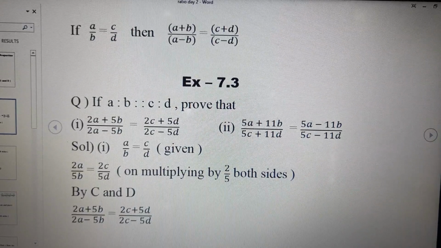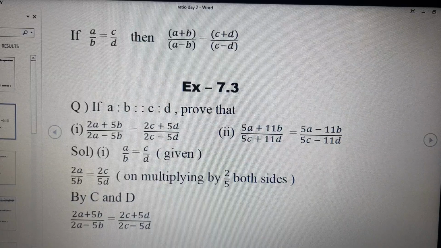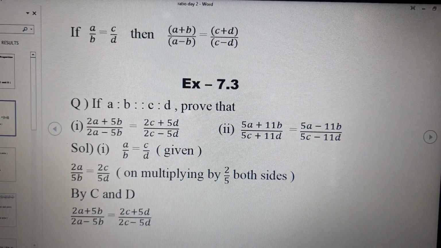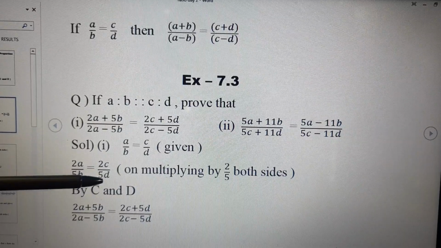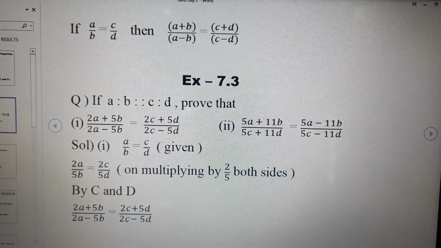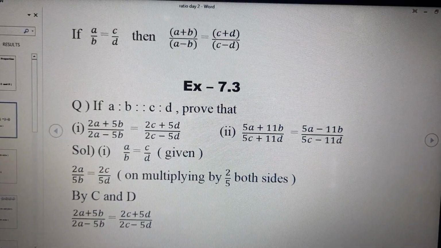Remember that componendo and dividendo will be applied on both sides, in LHS also and in RHS also. Clear? So we have applied numerator plus denominator divided by numerator minus denominator, and we have got the thing which we were supposed to prove.